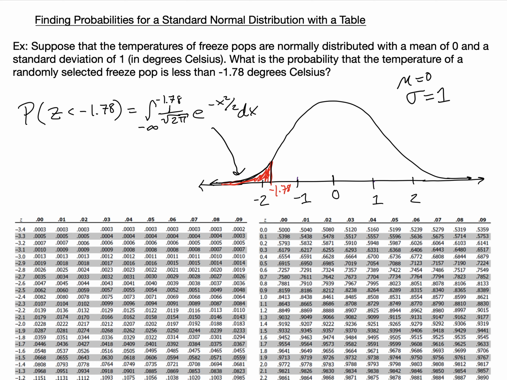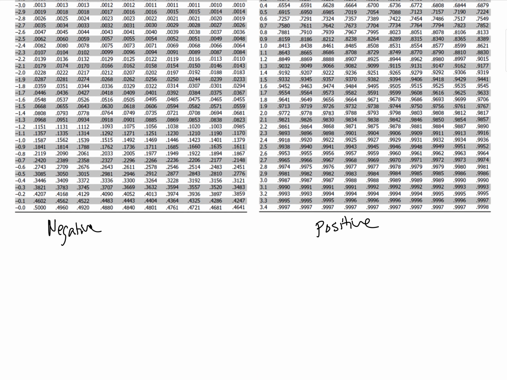A lot of tables are separated like the one we see below into a negative z-score side and a positive z-score side. And so we are going to see using the table to find these probabilities.